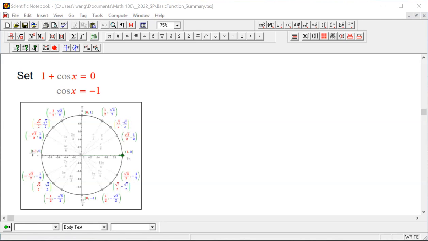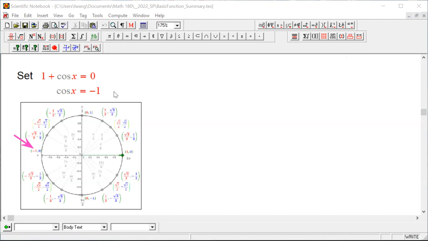Which red number is -1? Right here. And none of the other red numbers are -1. So the terminal side of x cannot end up here. Whether you measure counterclockwise or clockwise, anywhere you go, it cannot terminate there, right?